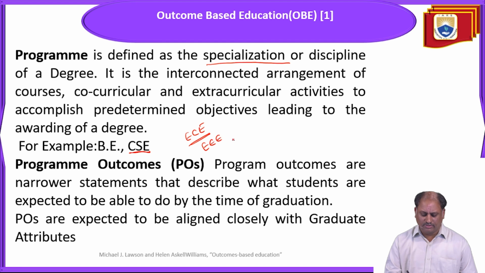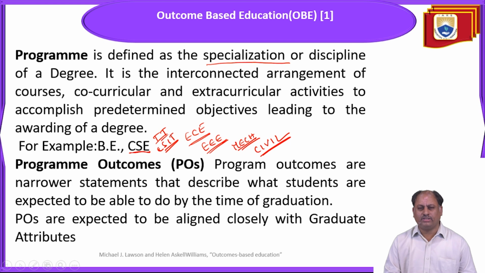EEE is another program, mechanical, civil. CSE allied contains IT, CSIT. These are all courses related differently, and this comes under CSE only.